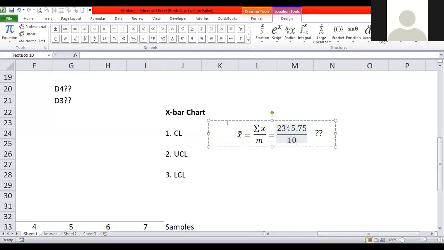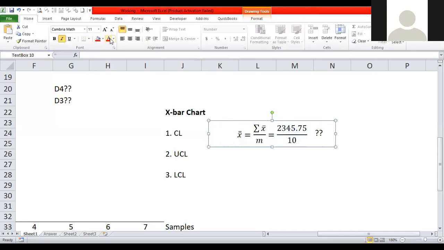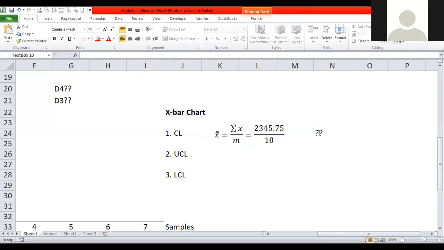Our sample size is 10. Therefore, the average is 234.57. I am rounding that to 2 decimals.